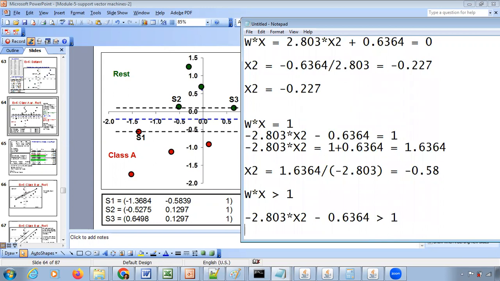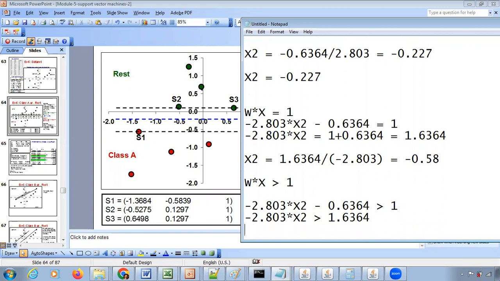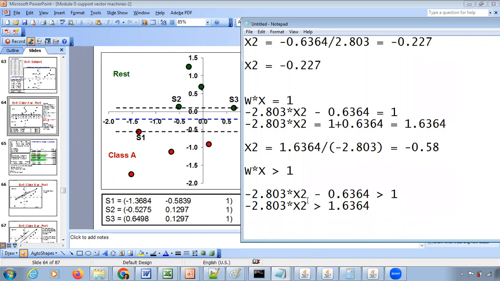So we can play around with this as well. -2.803 times x2. I'm just taking this to the other side, so the greater than sign will still stay as it is. 1 plus 0.6364 is this. Now if you divide on both sides by a negative number, we have to change the less than sign.